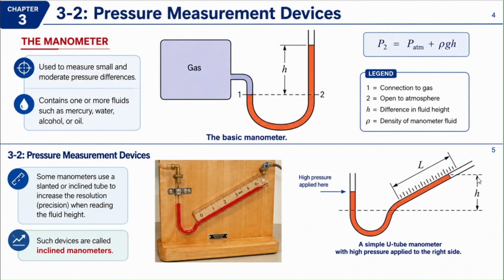That way, for the same elevation change, you will get larger lateral changes. So we can increase the accuracy of measurement by using this simple inclination of the tube. That type of manometer is called an inclined manometer.